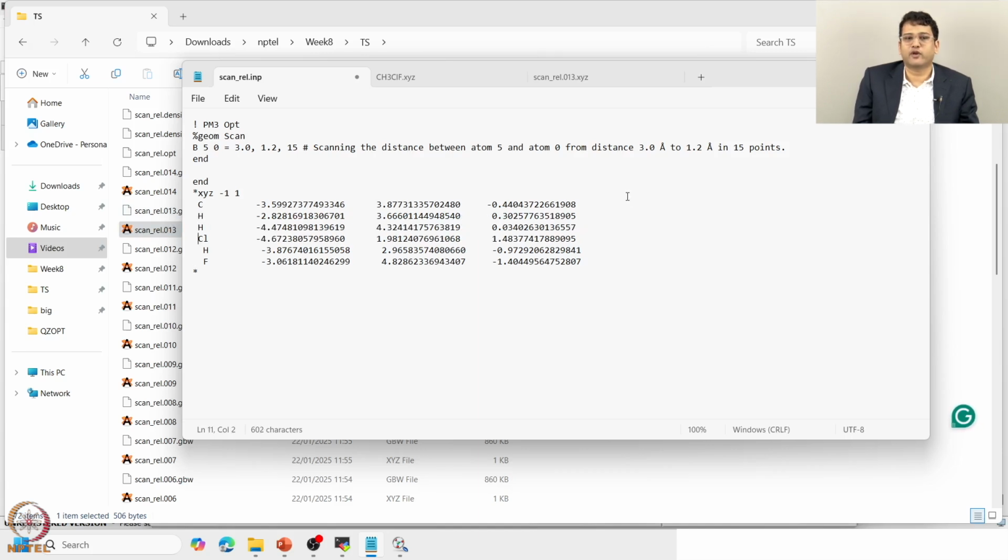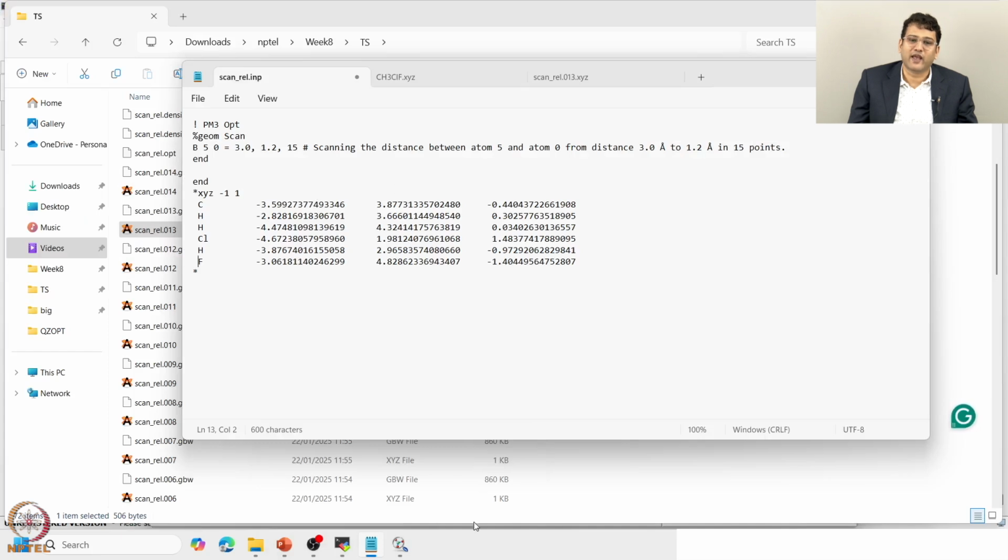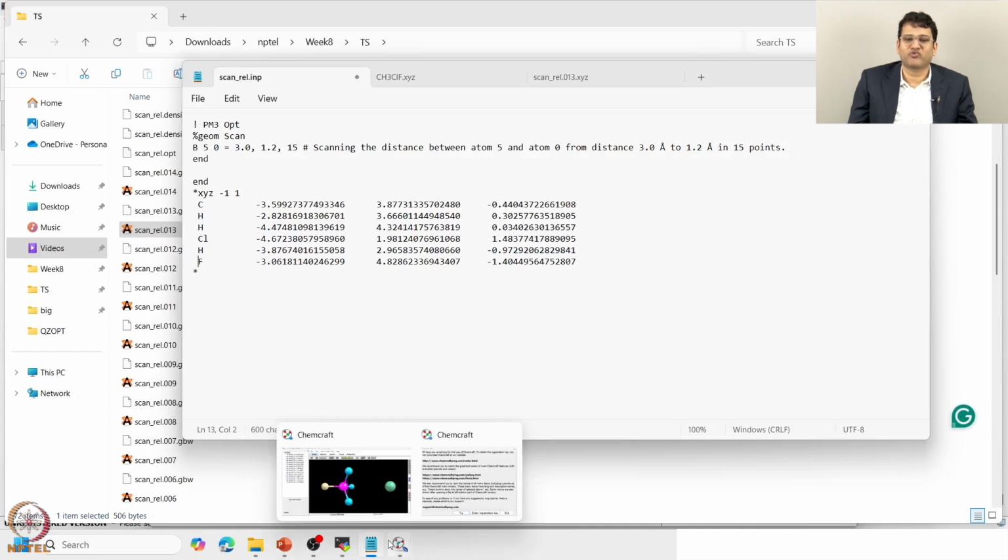It is always a good idea, if you do the scanning, to reopen your trajectory and try to see how the scanning is going, because just getting a maxima in the potential energy surface may not be the real transition state. Here we are getting a transition state if you open the optimization 11, but that is not the actual transition state you are looking for.